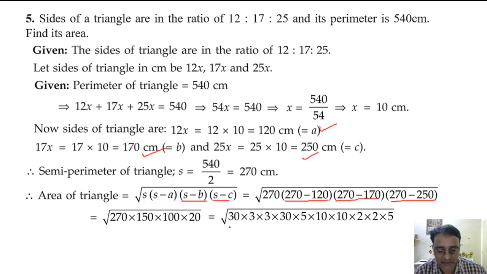So see carefully, 270 I break up into 30 into 3 into 3, and 150 I break up as 30 into 5, and 100 as 10 into 10, and 20 is 2 into 2 into 5. So check whether everything is double or anything is left.